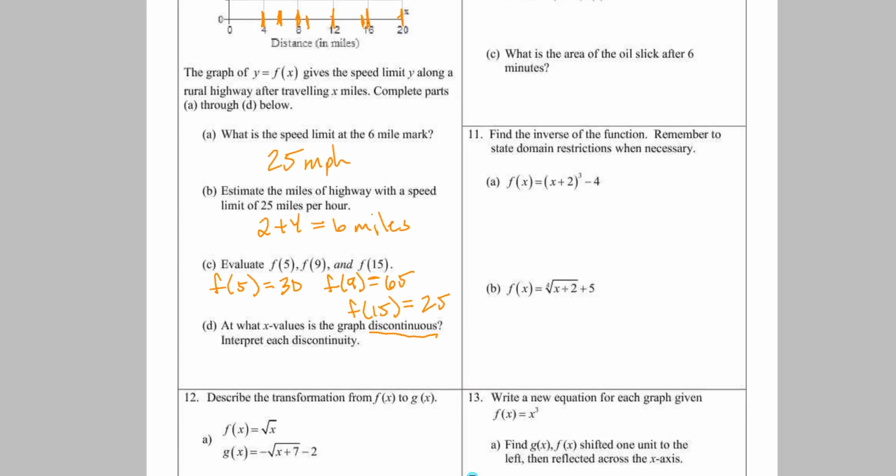So it's discontinuous at 4, 6, 8, 12, 16, and 20, and interpret each discontinuity. Speed change is the interpretation of that.